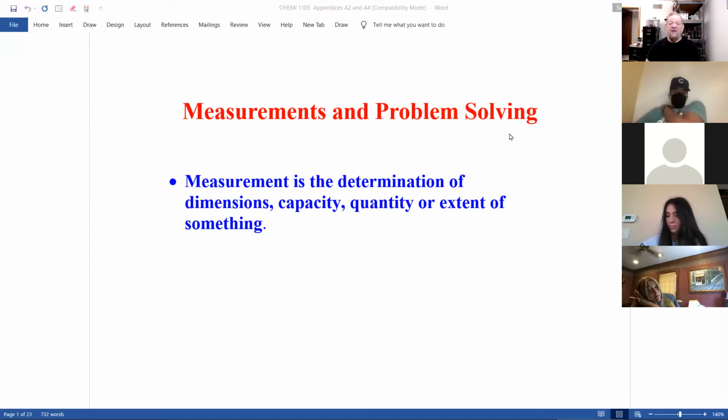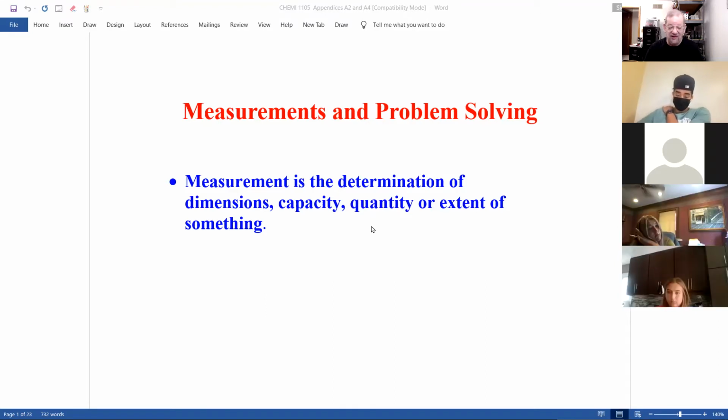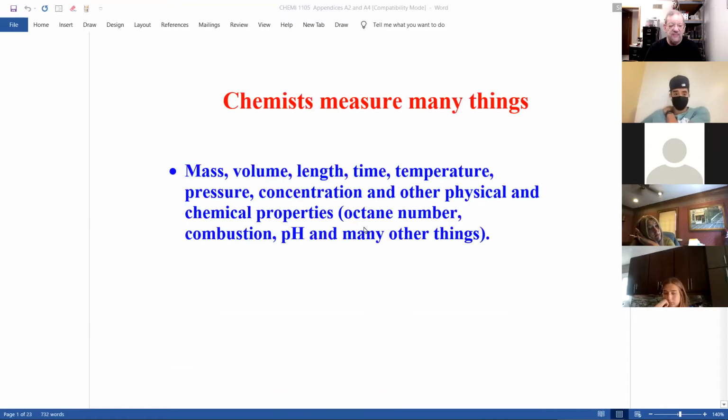Now, I'll never ask you, but measurement is the determination of dimensions, capacity, quantity, or extent of something. You know, you want to measure how long something is, how much does something weigh, what's the volume, how much liquid you have, or gas, you can measure volume, and even solids. Now, chemists measure a lot of things.